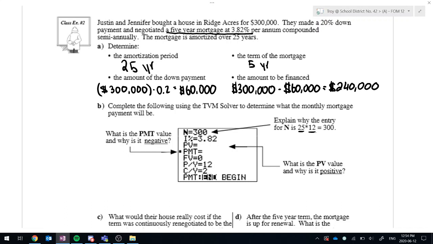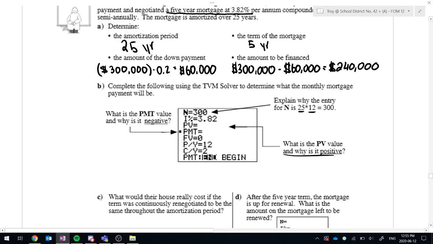All right, they're going to find the PMT value, or that's what we're going to calculate. So the PV value is what we want to do next. So what is the PV value, and why is it positive? So that's going to be the total amount that they're financing, which we've discovered here is 240,000.